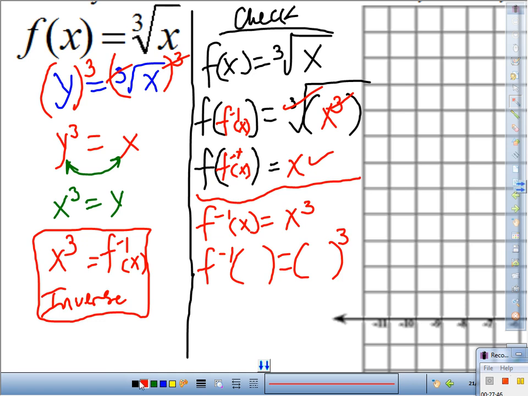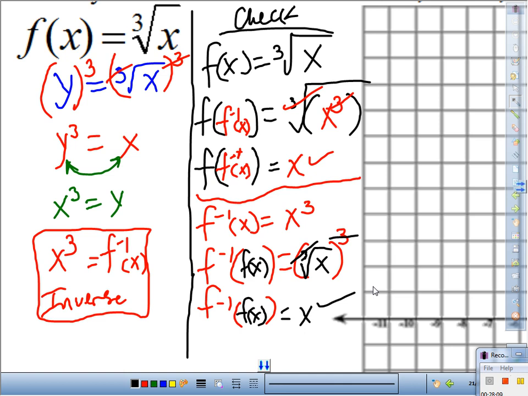What goes inside the parentheses, guys? F of x. And what was the rule for f of x? Cube root of x. All right, so we end up with f inverse of f of x. And this cancels this. We're left with x.